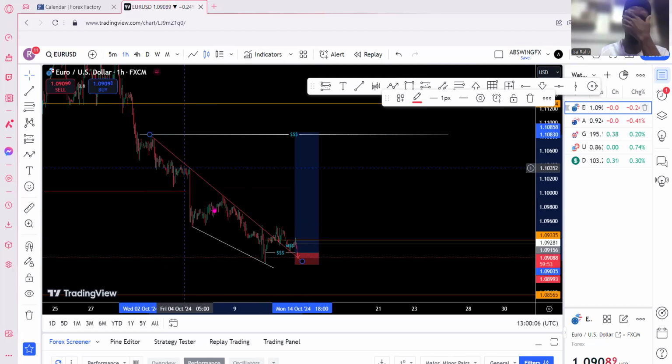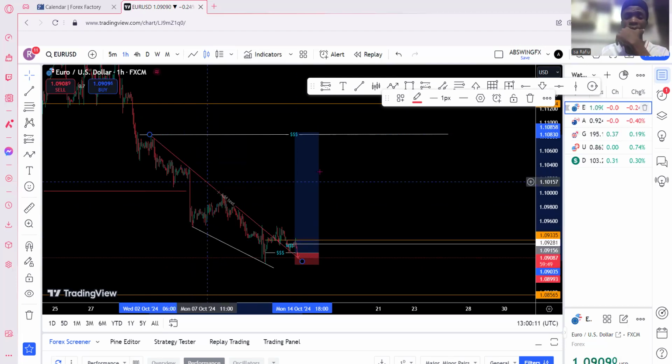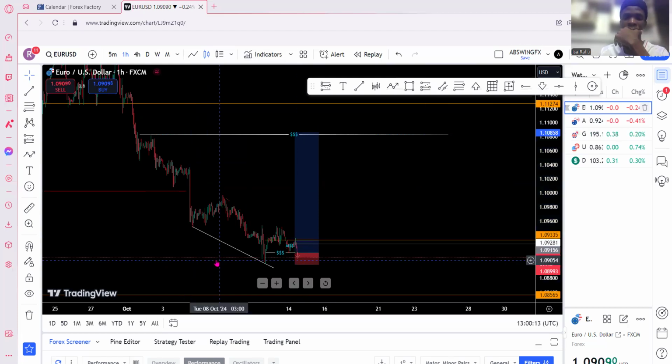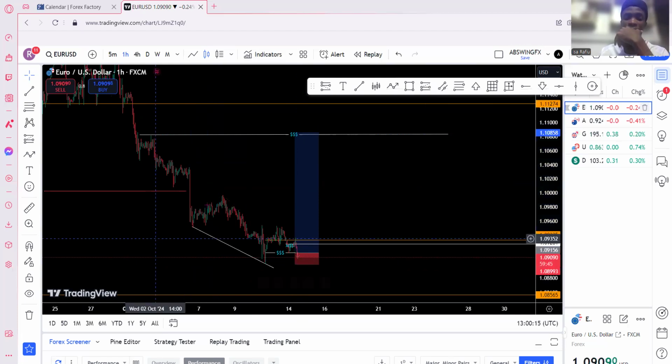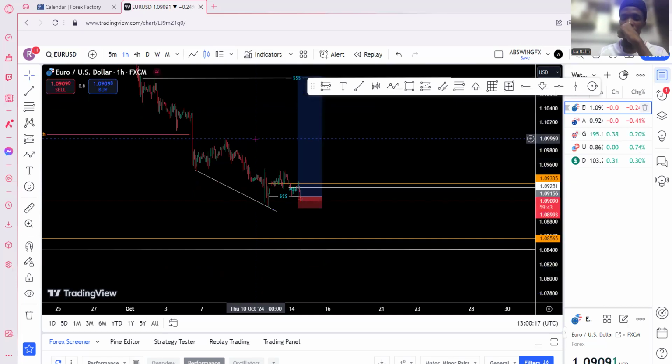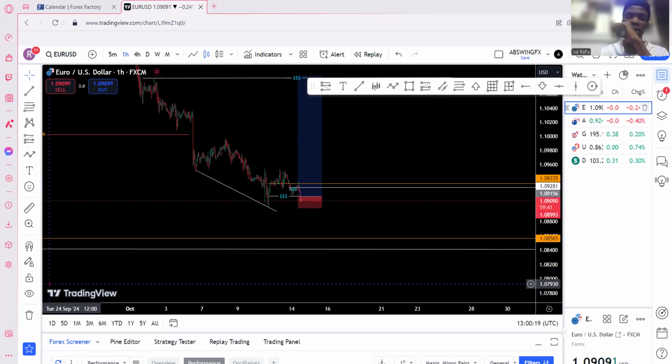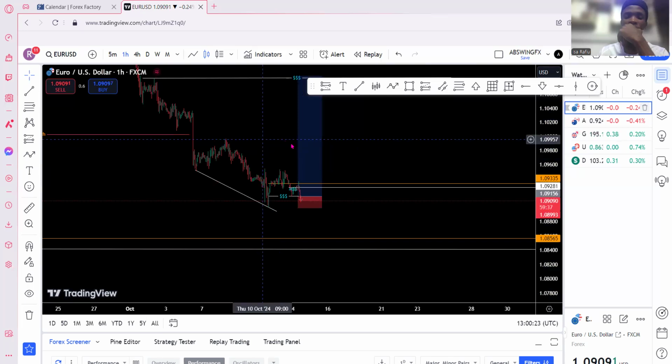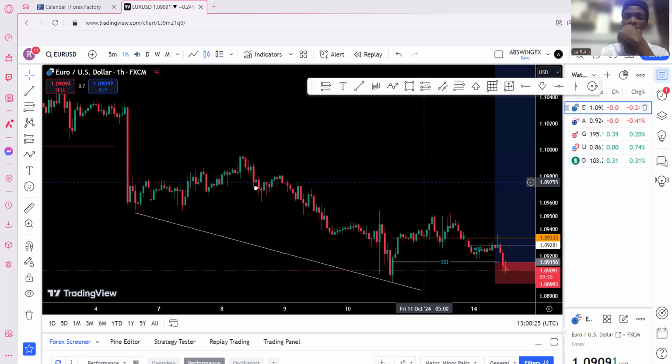This is a triangle. Simply because we have that, it's quite understandable that we need to interpret what is going on here.